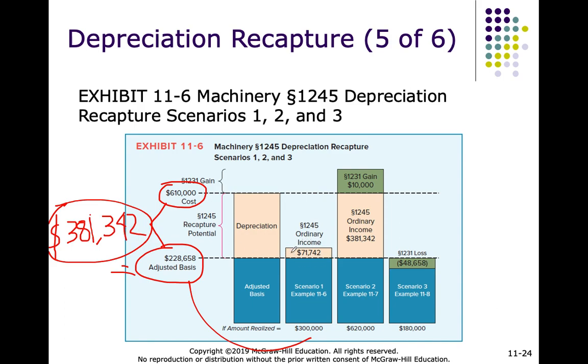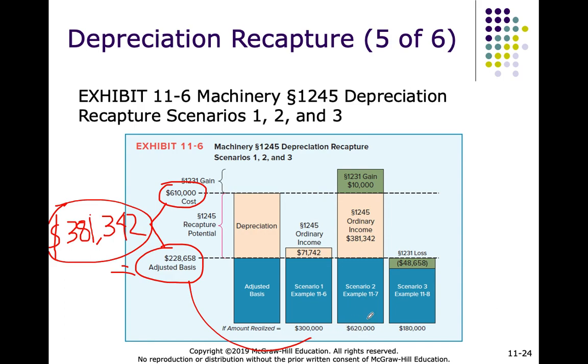The full amount of the gain will be taxed as ordinary income. Okay, so it falls within this corridor here for the previous depreciation that was taken. So let's go to scenario number 2.